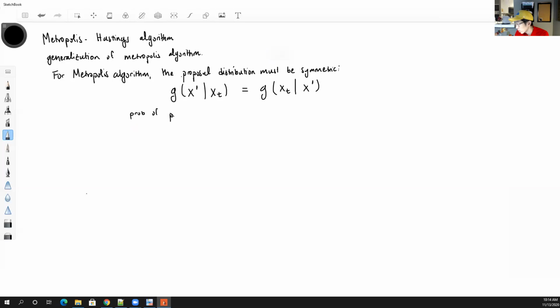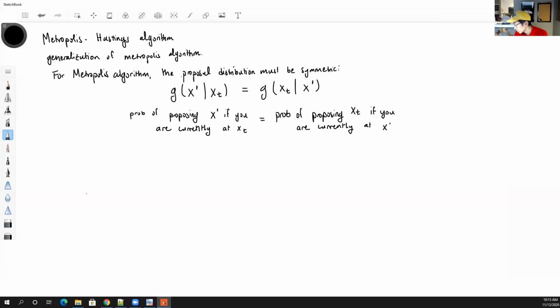Probability of proposing x prime if you are currently at xt is equal to the probability of proposing xt if you are currently at x prime, right? So for example, the normal distribution.